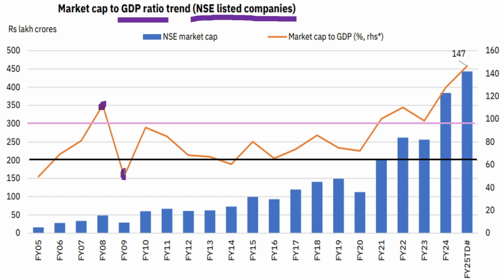In the same year, it went from 110 to 50, and afterwards it remained basically in the range of 60 to 100. But then there was a sudden shift at this point, that is for year 21. There has been a shift in this trend, and it is constantly trading above 100, and at present it is at 147. So what can we learn from this market cap to GDP ratio?